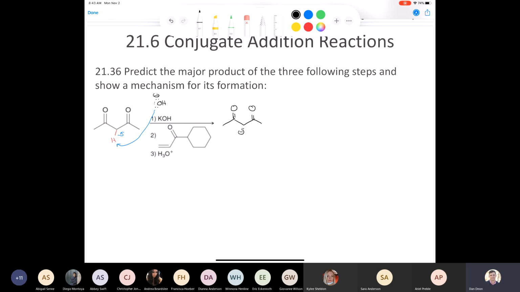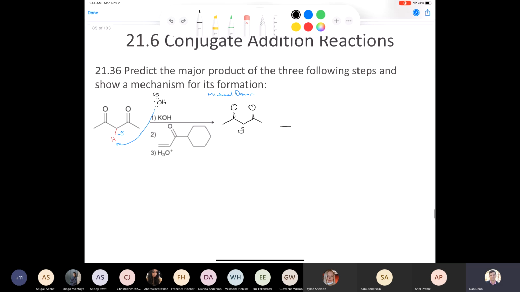And so that's going to be our Michael donor. We could write that down. This is our Michael donor. Okay. And then our Michael acceptor is going to be the alpha beta unsaturated ketone. So let's draw that out. Let me fix up my double bond.